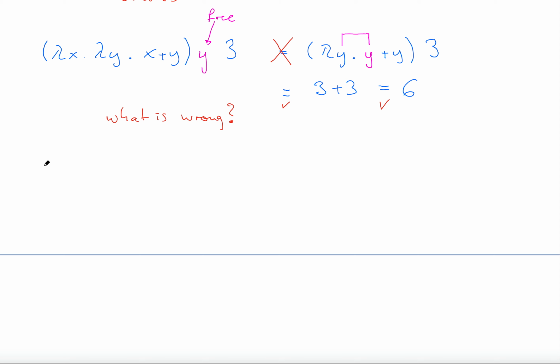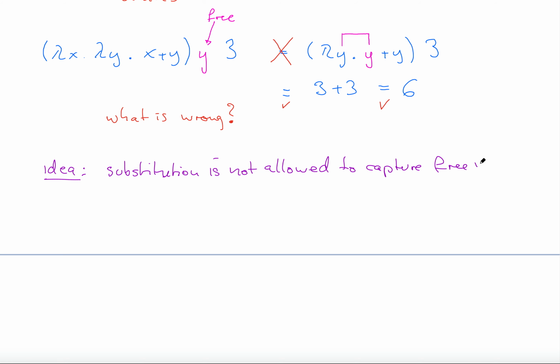So we call this the capture of a free variable. So the idea is to prohibit capture of free variables. So substitution is not allowed to capture free variables. That's the idea.